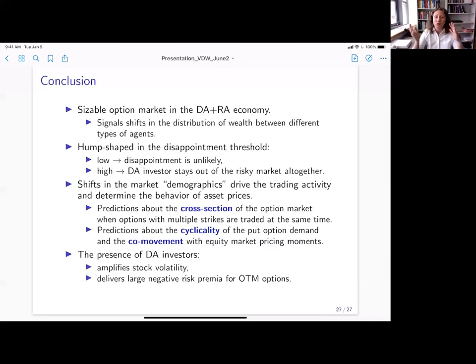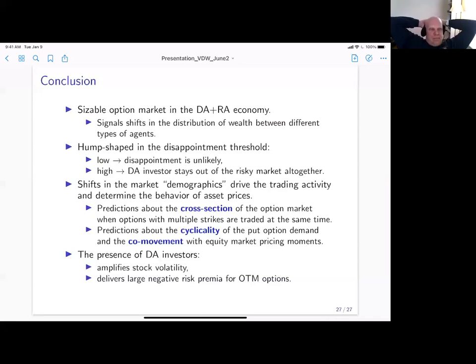Because if he goes with the risky assets, he will have to accept other types of outcomes, either positive or negative. But in order to stay completely flat, he stays out of the market. So we have a graph addressing exactly this question in the paper. It has to do with how wide that region is and where it is compared to the distribution of the fundamental.